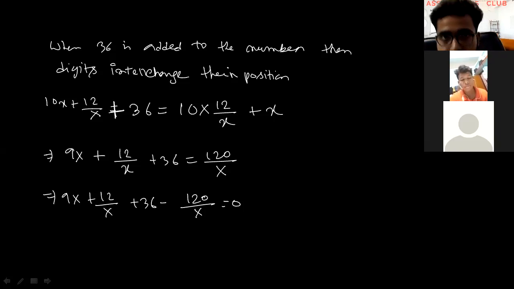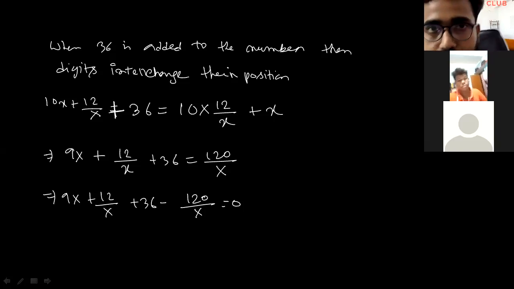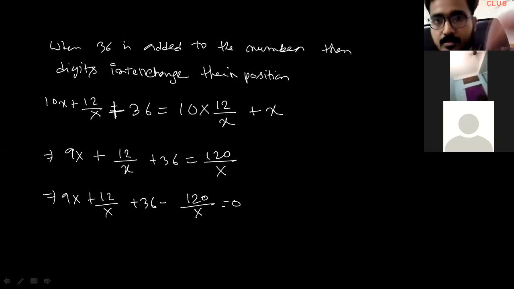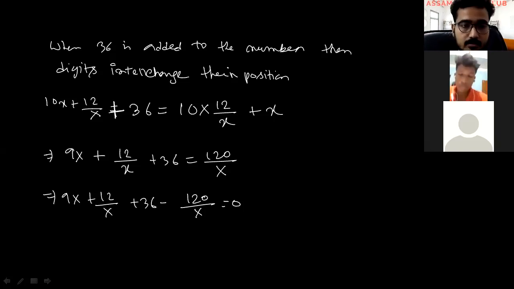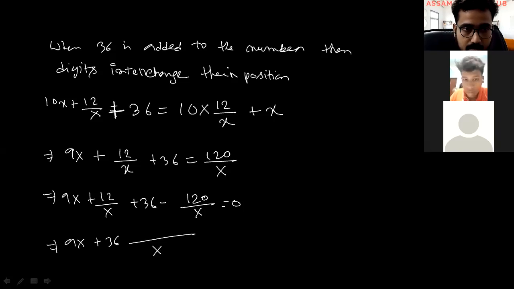Clear? Okay. Now take this to LCM, 9x and 36. If you take LCM, it will be 12 minus 120.